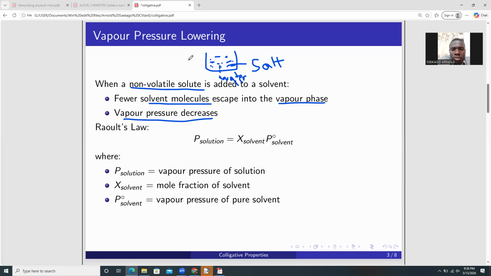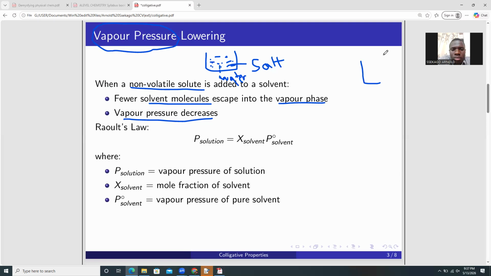By the way, you have to first understand what these terms mean. What is vapor pressure? Just as the name sounds, vapor pressure is the pressure of vapor. For example, if you boil water, the vapor that comes off from that water exerts pressure onto the water surface.